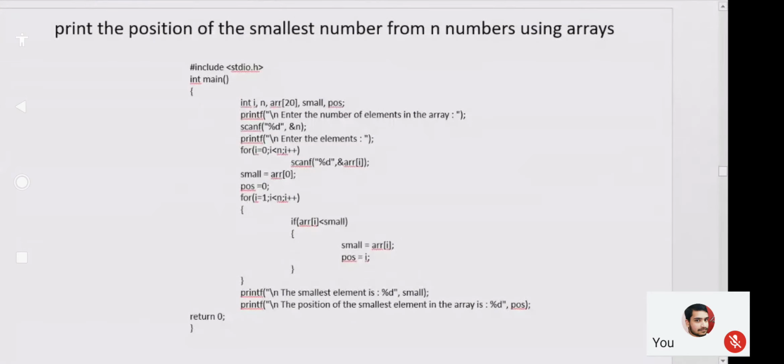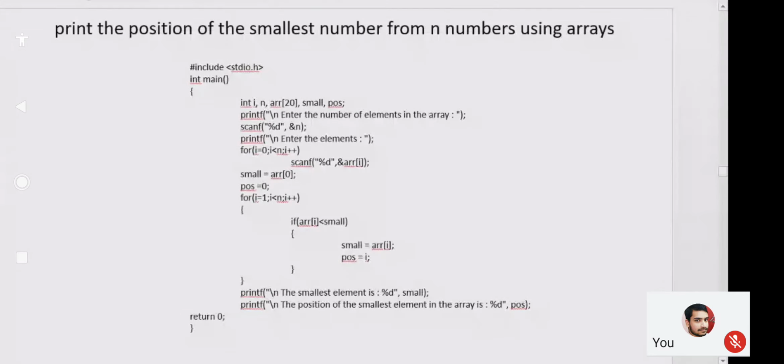But you cannot enter 25 elements because it's a static memory allocation. Here I have already allocated 20 cells for a maximum of 20 integers, so 25 integers you cannot insert.